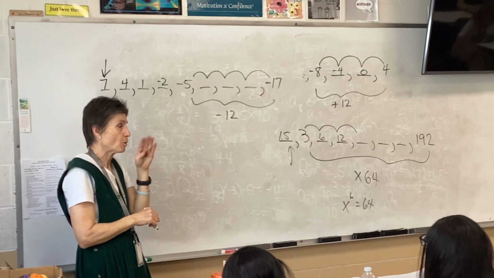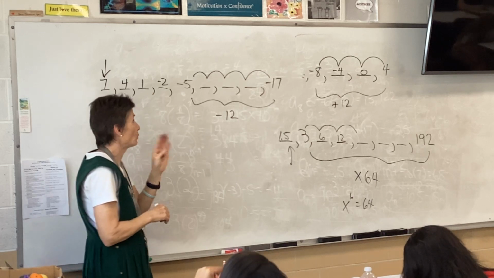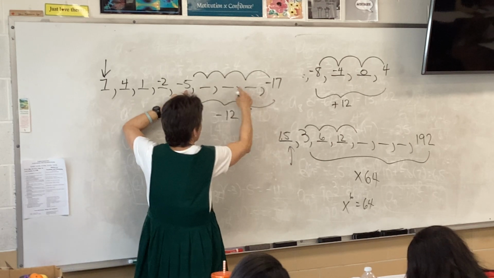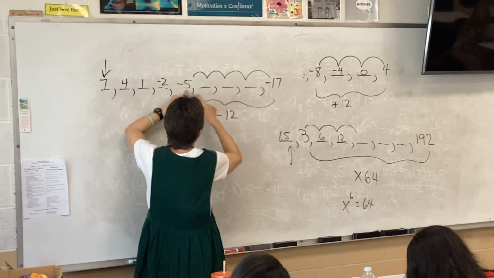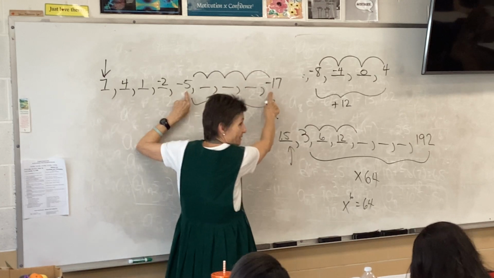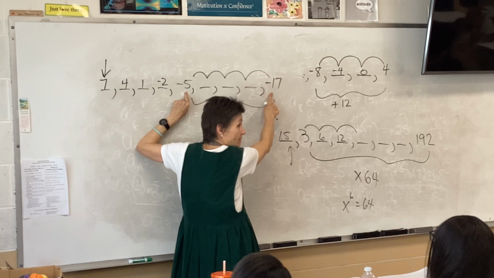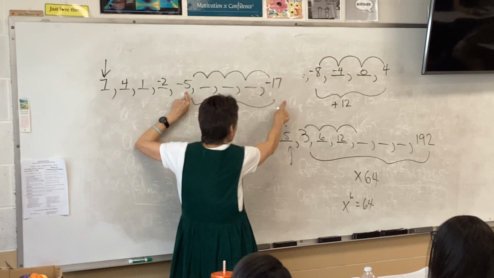Now this won't work all the time, but it would in this problem. How many blanks, how many missing numbers, are there between your -5 and your -17? 3 missing numbers.